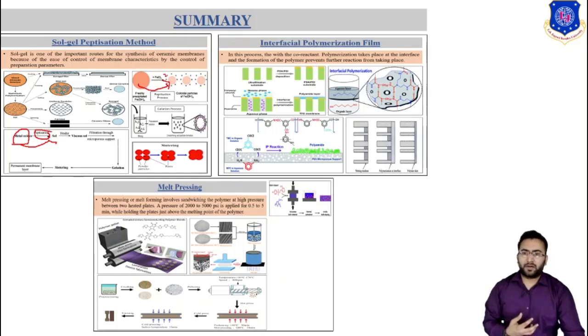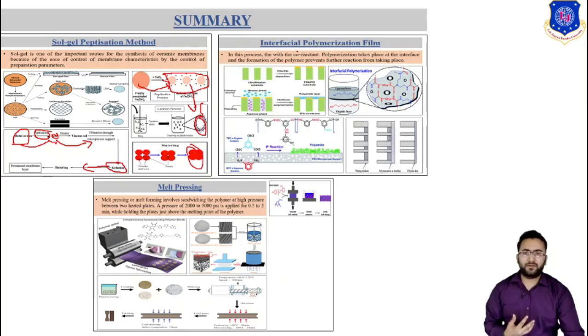These charged colloid particles are added into the binder, so it makes a sol, and this sol is passed to the filtration or porous membrane support, and we start the gelation process. Gelation means these colloid particles are converted into solid particles. Now we go for the sintering process, in which these colloid particles are merged and converted into the porous membrane.